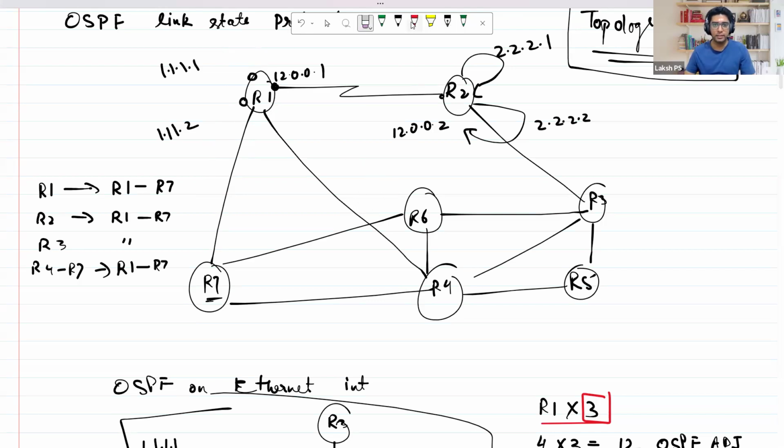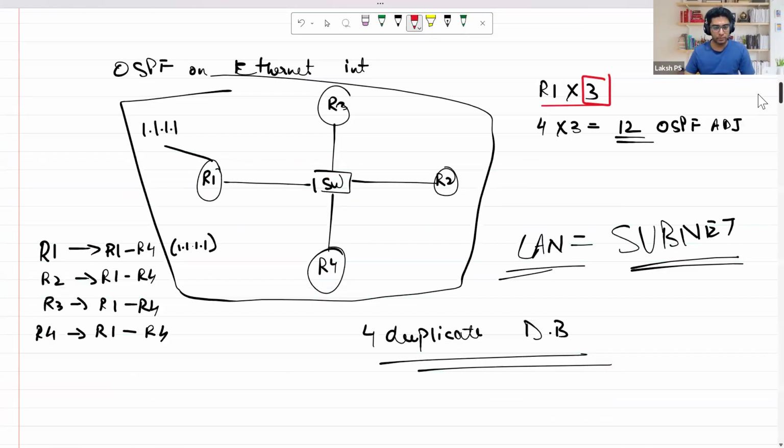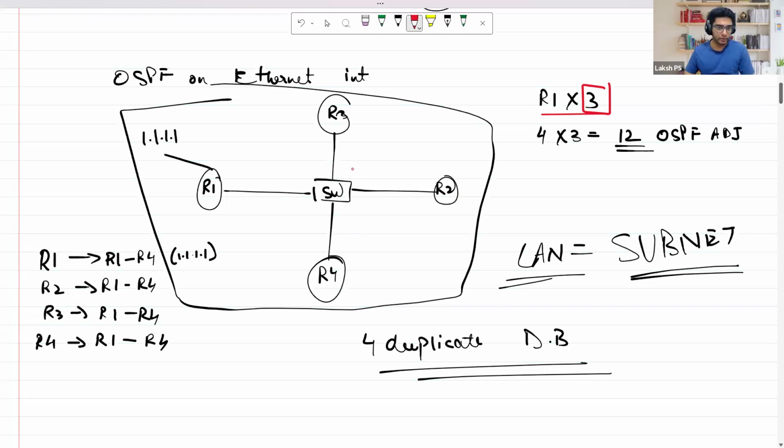From R1's perspective, let's say I add some network, let's say 1.1.1.1. So R1 is going to share that information to R2, R2 is going to share that to R4, R1 is going to share that to R7, then R7 will forward that to R6. That's it. It's not going to go as a nuclear reaction. Eventually, the update will happen with all the routers, but it's not going to explode like a nuclear reaction. Over here, it explodes like a nuclear reaction because you have a switch in between.